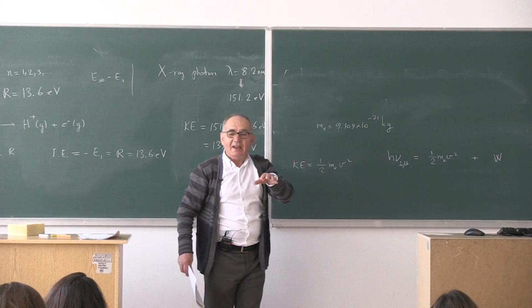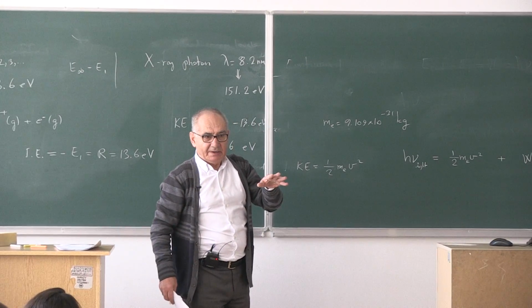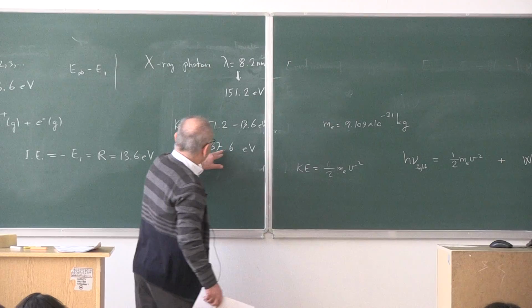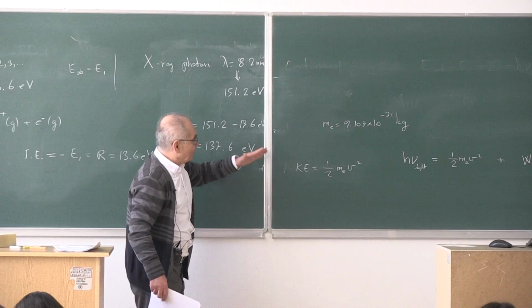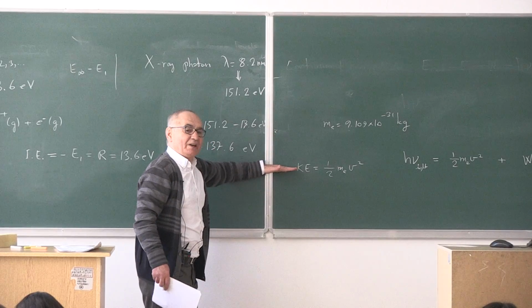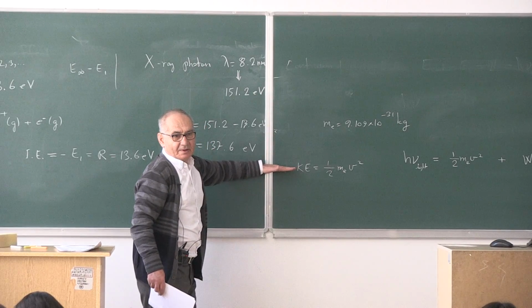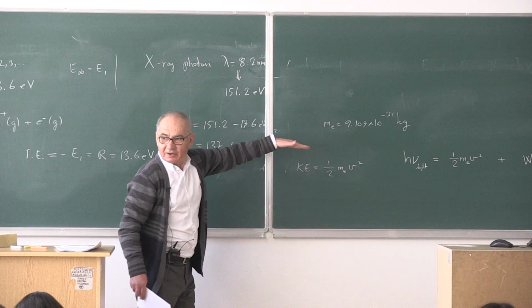These are SI units, all right? Therefore, you cannot directly substitute this number to the left side, but make sure the left side should also have SI unit, because the right side has SI units.